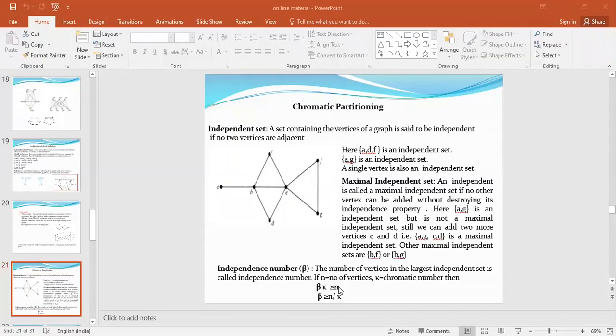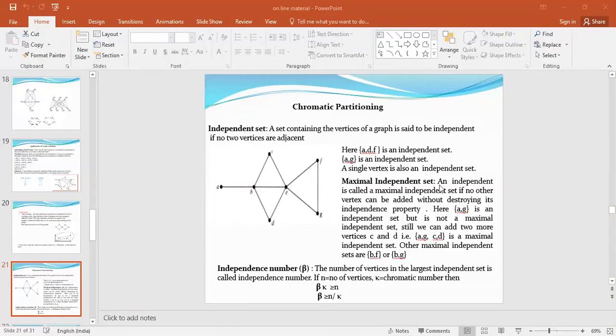That means it will either be equal to n or more than that. Because you are dividing n into kappa houses, and in every house the maximum number of elements is beta. So beta into kappa is always going to be at least n, or beta is greater than or equal to n by kappa. So independent set is one whose vertices are not adjacent.